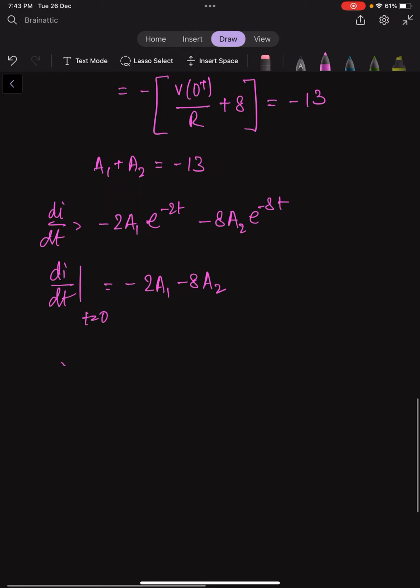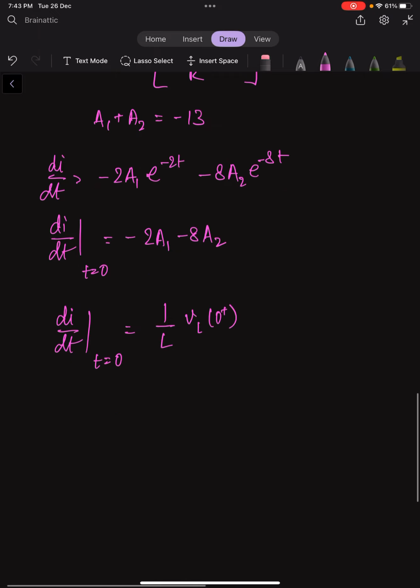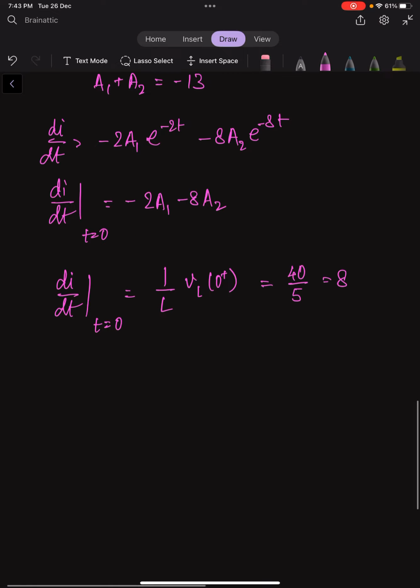And this di/dt at t equal to 0 can be given as 1 by L times VL0, which is 40 by 5, which is 8. So we know that minus 2A1 minus 8A2 is equal to 8.